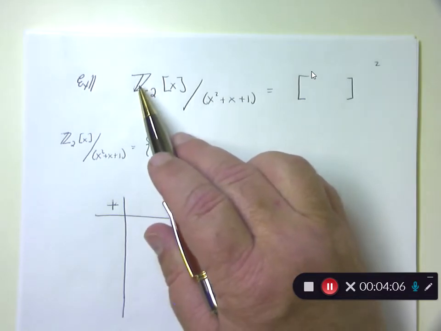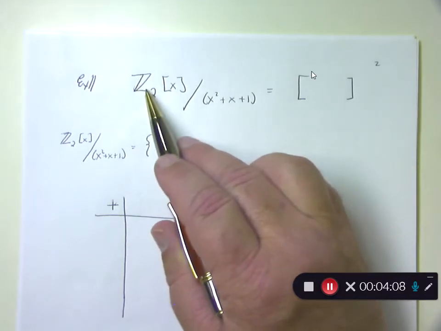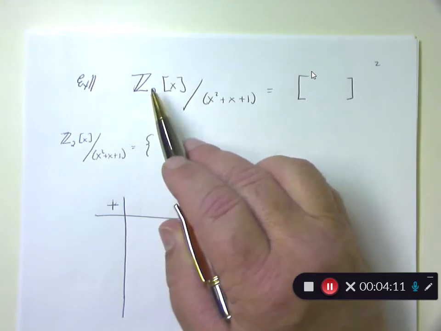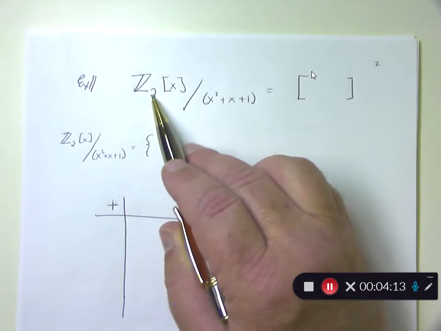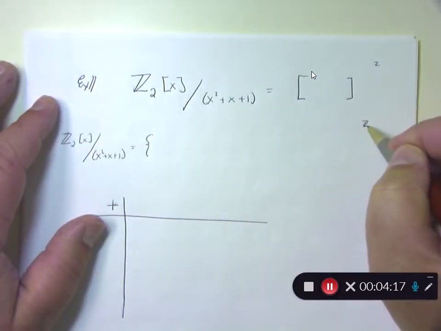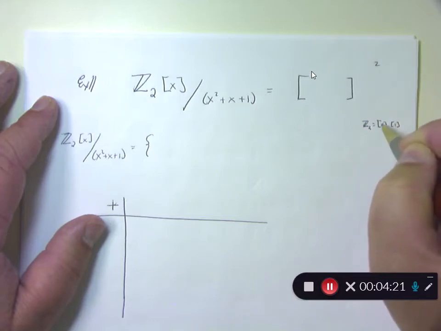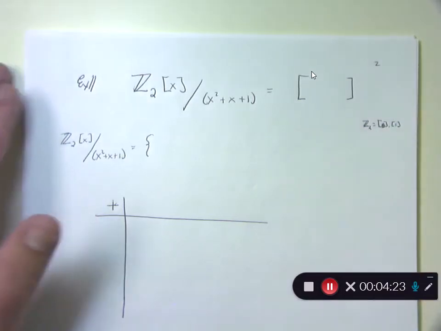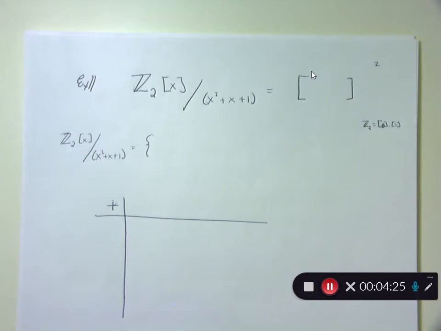Remember, you got to have a field adjoin x. So to get a field in the world of Z modulo n, n has to be prime. 2 is prime. But with Z2, I just want to remind you, Z2 is the elements 0 and 1. Pretty much the binary concept here. Equivalence class 0 and equivalence class 1. All you get is zeros and ones.